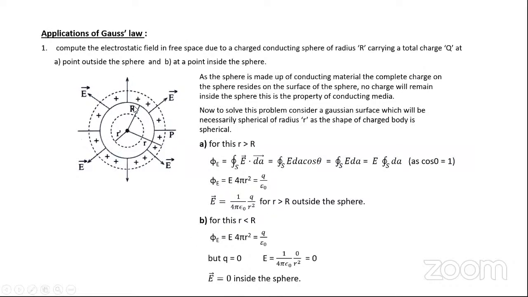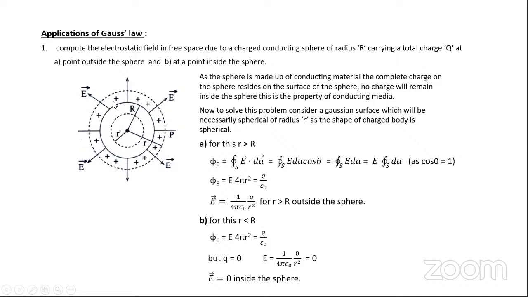So inside the sphere, the electric field intensity is equal to 0. But what about the electric potential? It will not be 0. It will be constant, because the electric field is the derivative of the electric potential. Here E is equal to 0, but V is not equal to 0.